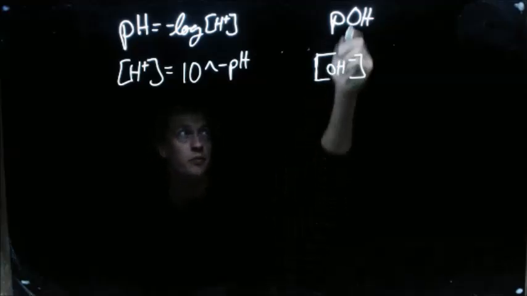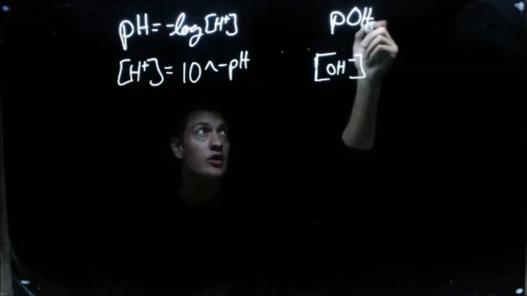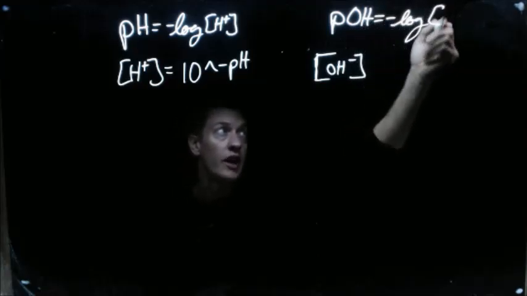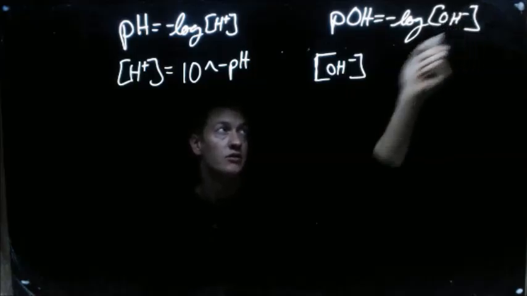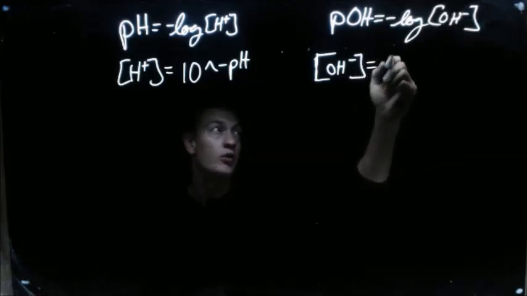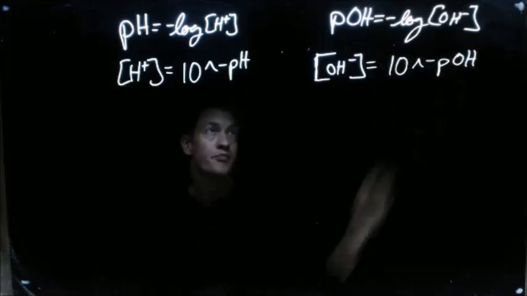It's the same thing for pOH and hydroxide concentration. pOH is equal to the negative log of the hydroxide ion concentration, and hydroxide ion concentration would equal 10 raised to the negative pOH.